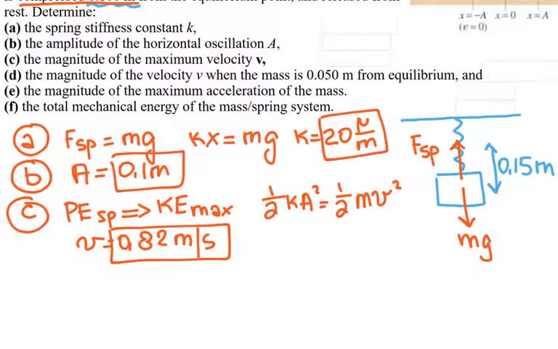Then they ask you to find the magnitude of the velocity when the mass is 0.05 meters from the equilibrium.